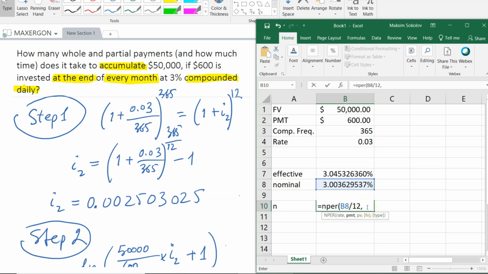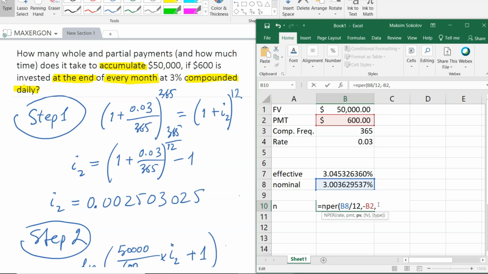Next comes payment, which is in B2. We'll make this payment negative because payment is the amount outgoing. That's actually very important for Excel. In order for Excel to work properly, you need to make sure that you designate exactly which amount is outgoing and which amount is incoming. Next comes present value.